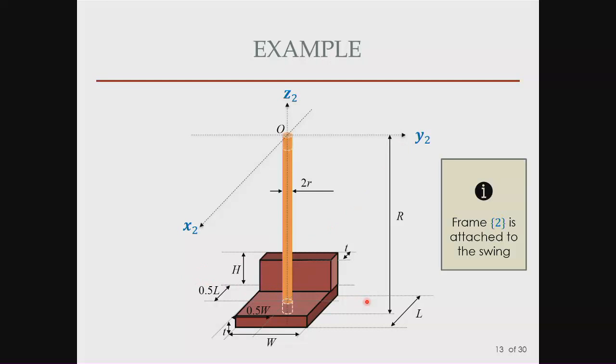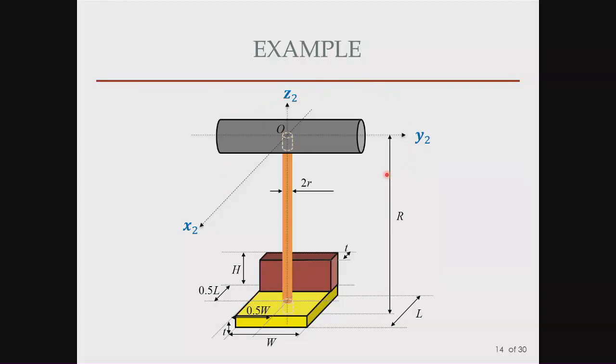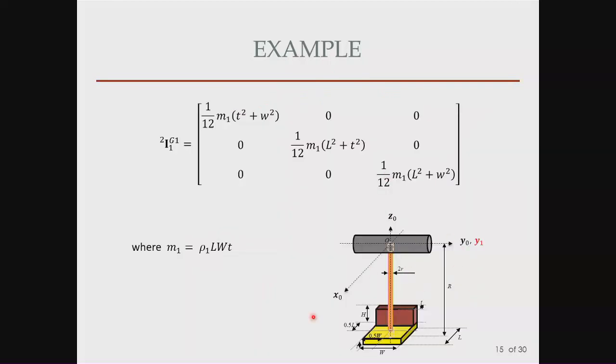This is a major problem I had last year, so I changed the slides a bit. I will be showing frame 2 here as the frame attached to the swing. But I didn't have time to make the changes in the little pictures, so the little pictures are still looking like that.